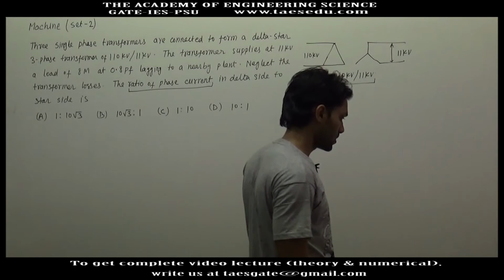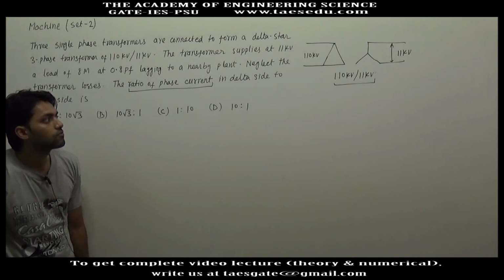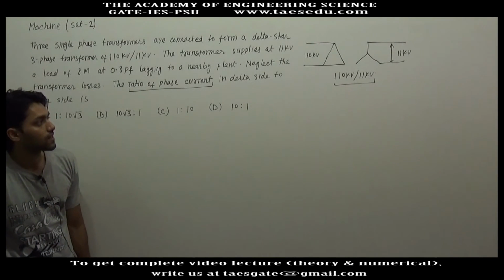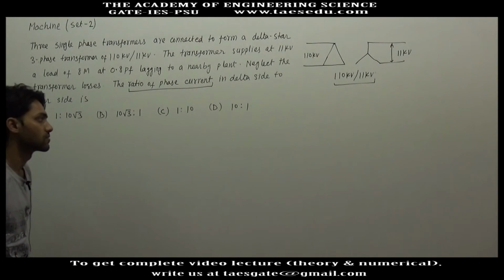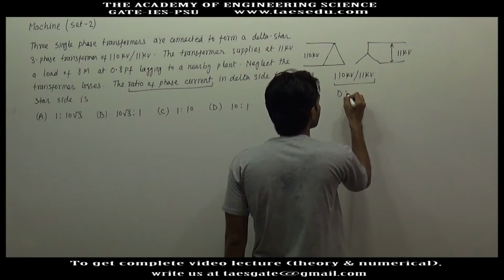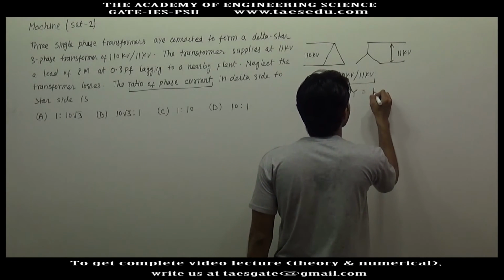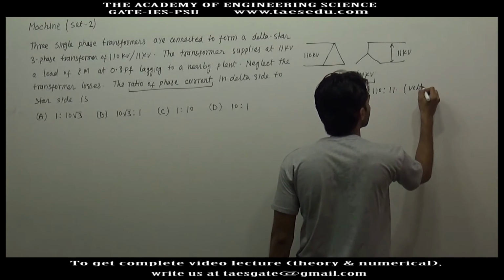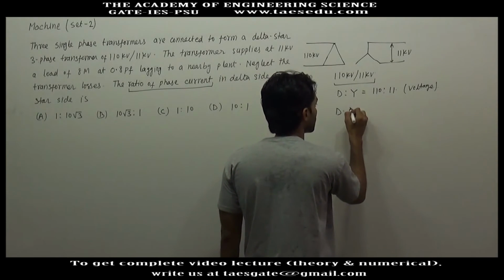So in transformer we know that the ratio of phase current or ratio of current is inverse of ratio of voltage. So if this is delta to star side voltage ratio, this is given as 110:11. This is voltage ratio, line to line voltage ratio.